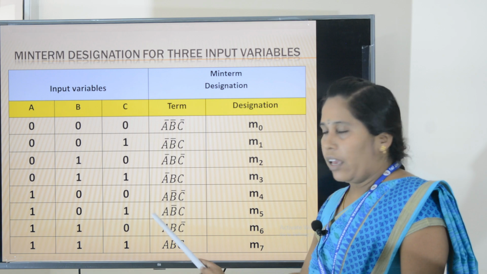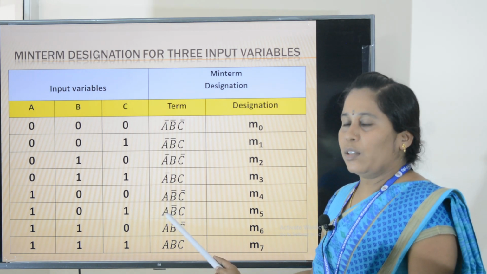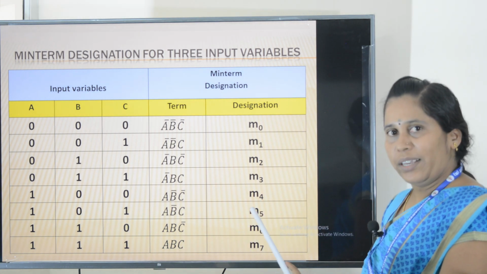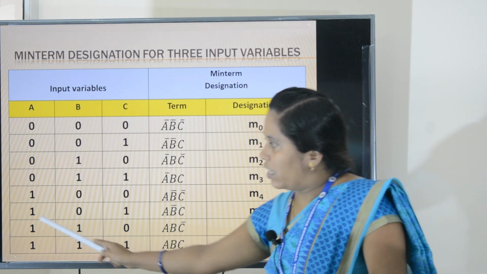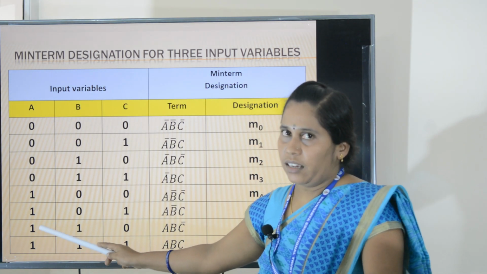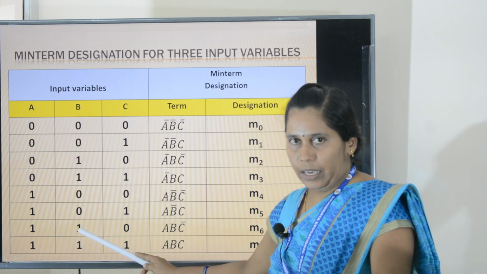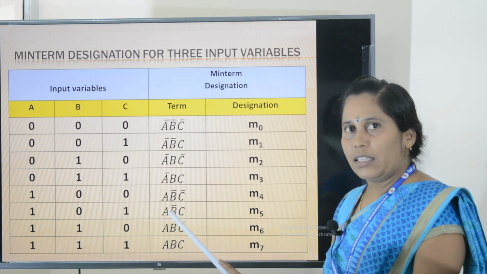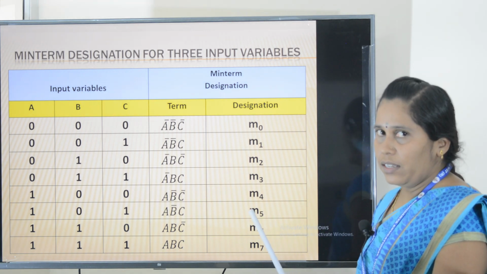So that is A, B bar, C. So A into B bar into C is the product of 1, 0, 1 and the minterm designation is M5. The next one is 1, 1, 0. If it is 1, take as it is. Take the variable as it is, A only, and the second variable B and the third variable is complemented. The product term is A into B into C bar. The minterm designation is M6.